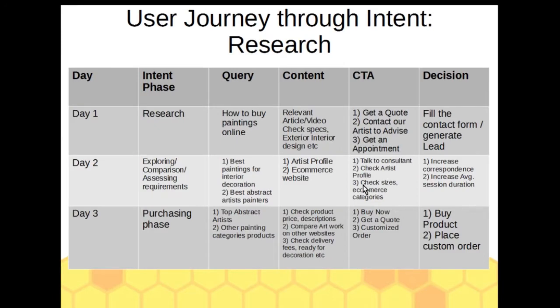You can say these are the products, these are the paintings, these are the sizes, these are the e-commerce categories. So suppose you are selling toys online, you can say best companies that make toys, or best toy companies, or best educational toys. So depending on your niche, your category, you can replace this content and make it more relatable with your audience.